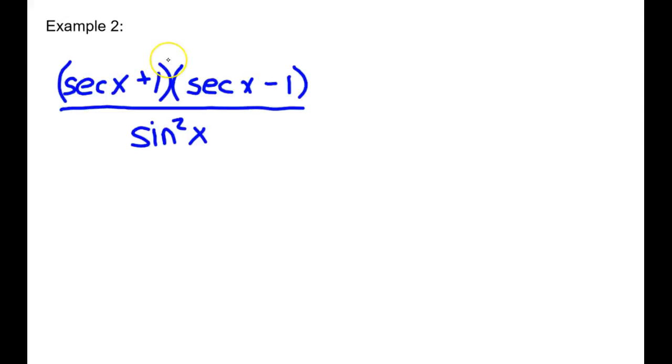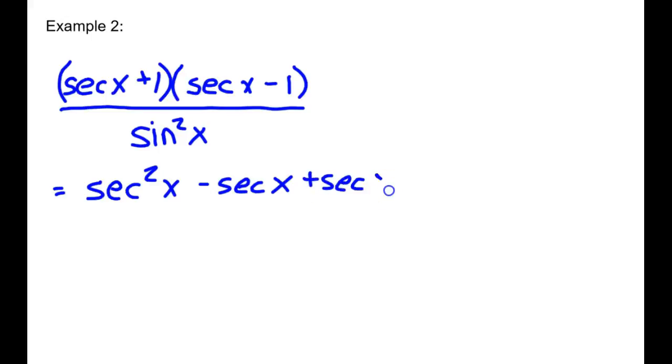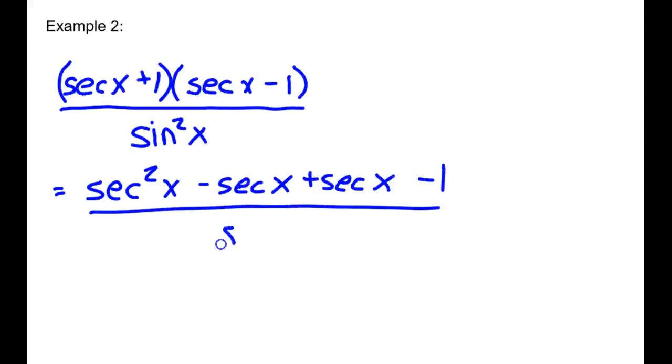I would take secant x times secant x, which gets secant squared x, secant x times negative 1, which is minus secant x, secant x times a positive 1, which is a positive secant x, and then 1 times negative 1, minus 1, all over sine squared x.